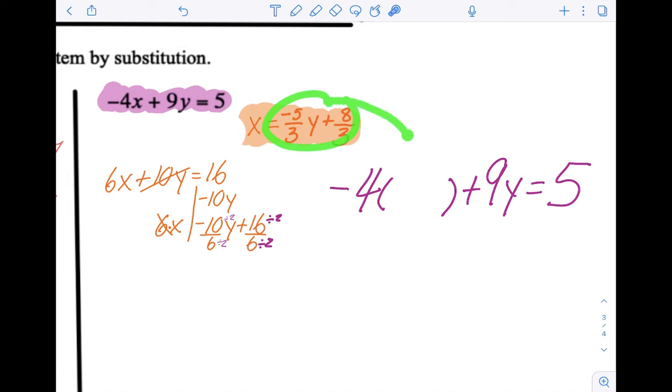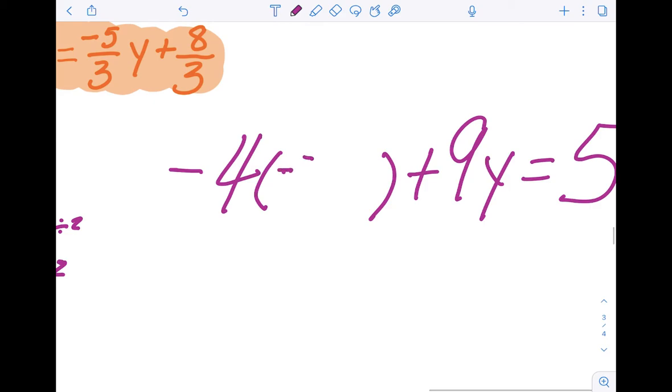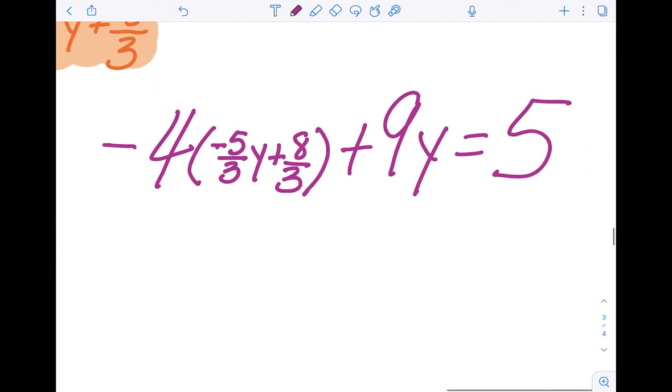This is going to go right in here. Okay? So I'm going to say negative 5 over 3y plus 8 over 3. Okay?